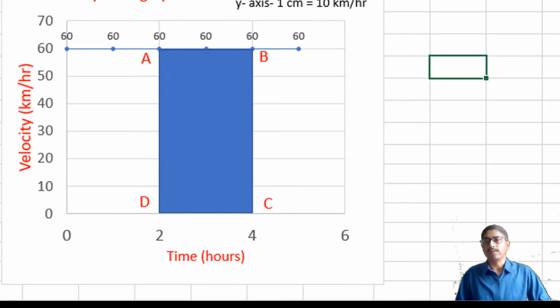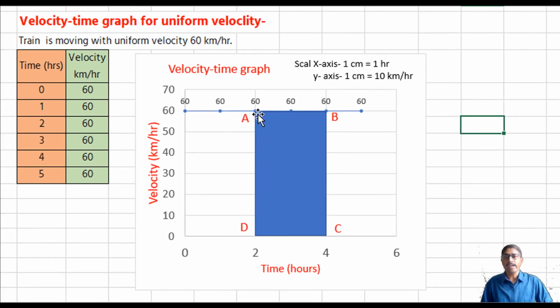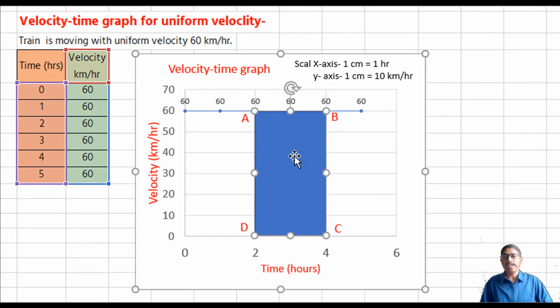By this table, time versus velocity, the graph is plotted. That train is moving with velocity 60 km per hour, and suppose that train is moving from the second hour to the fourth hour. Calculate the area of this rectangle ABCD and compare it with the velocity of that train.